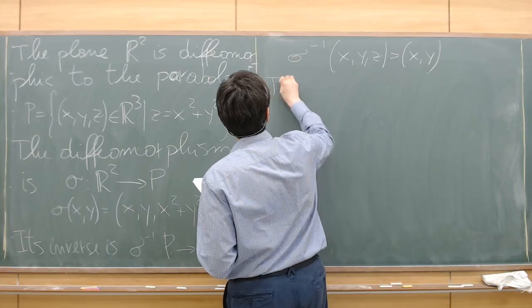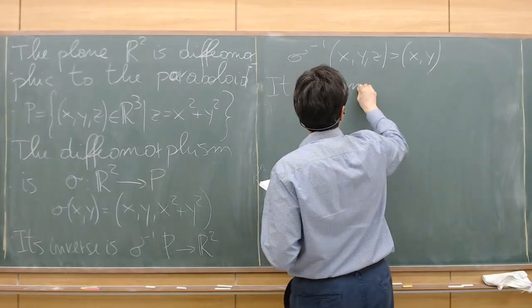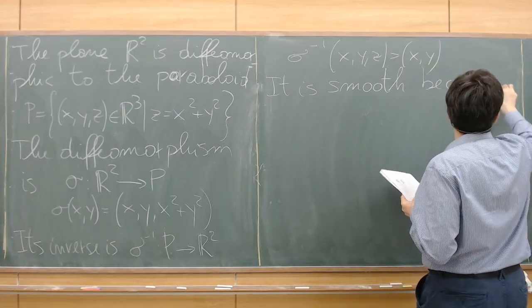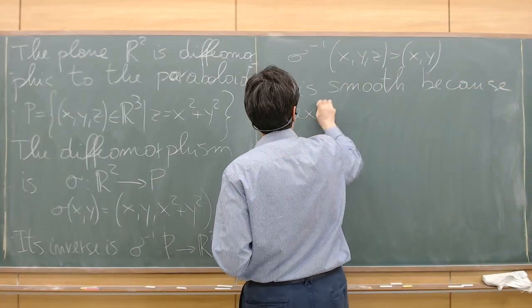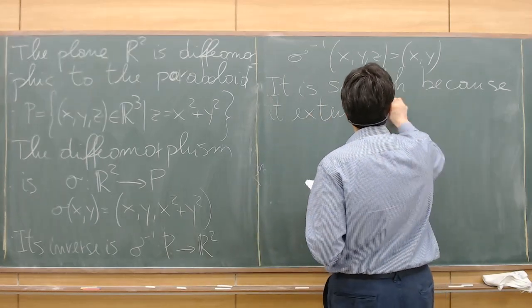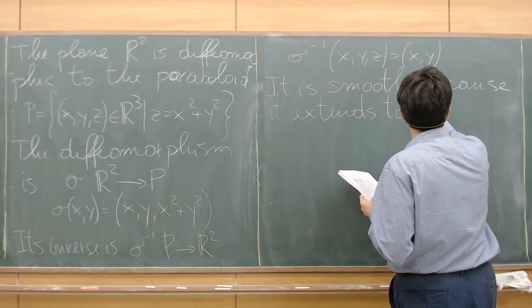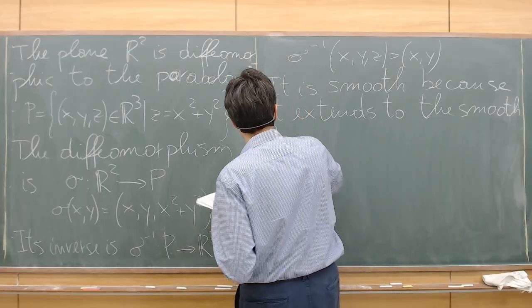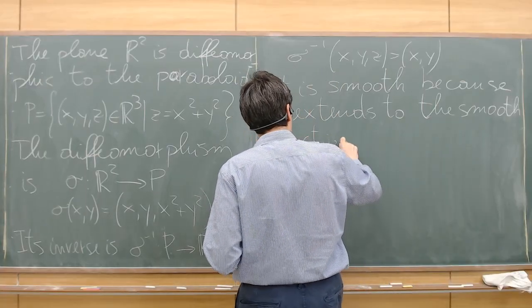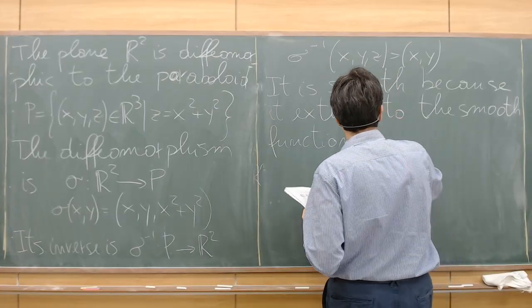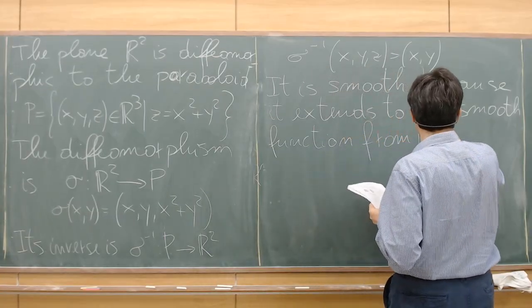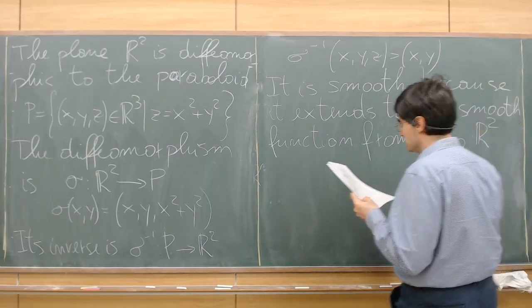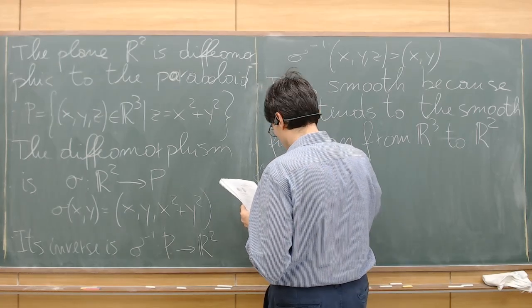This is smooth because it extends to the smooth function from R3 to R2 with the same formula.